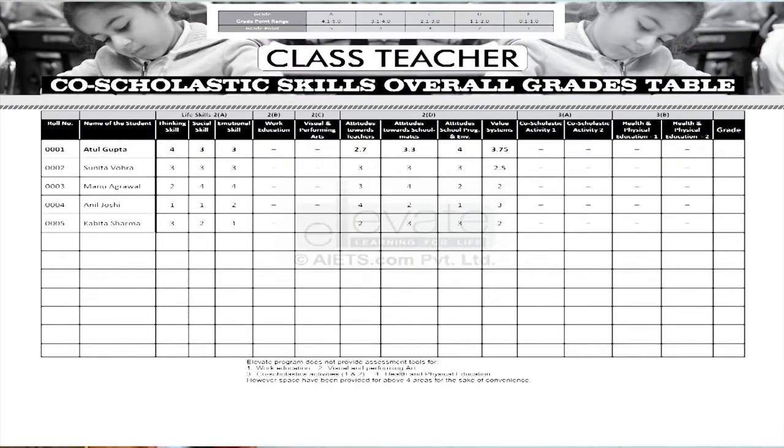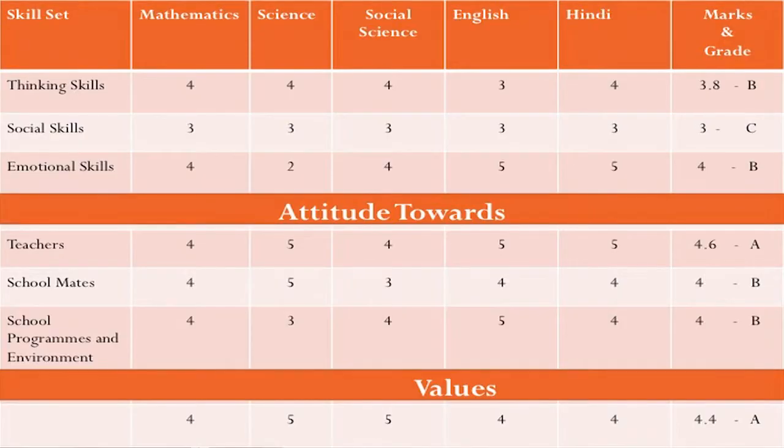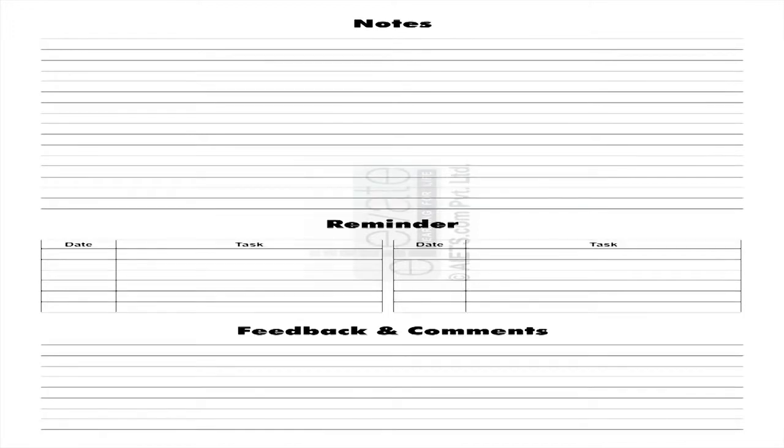So what can you do with the help of Elevate? You can assess the child on life skills, on attitude, and on values. This we have just discussed. This page we have left for the notes of the teacher. Teachers can make their notes.